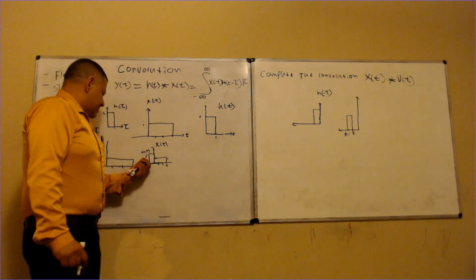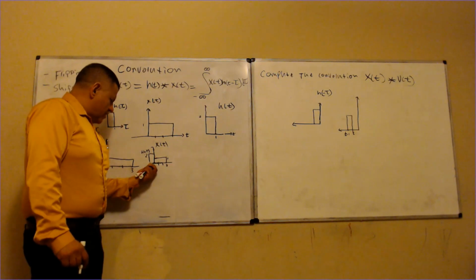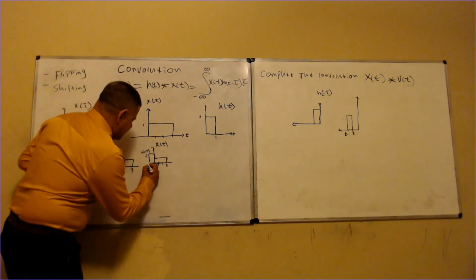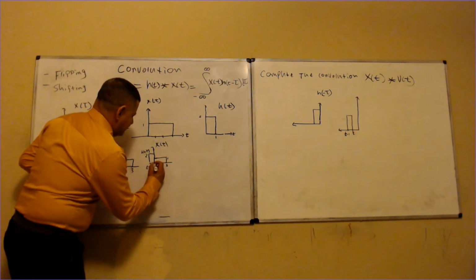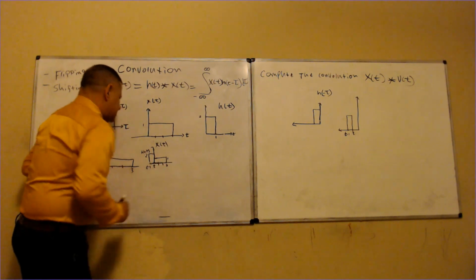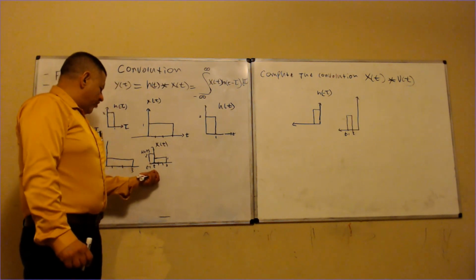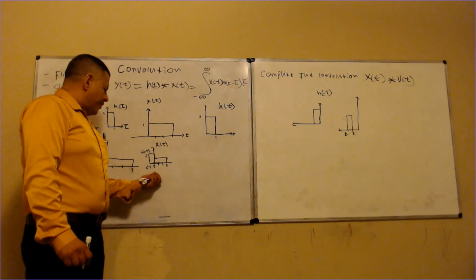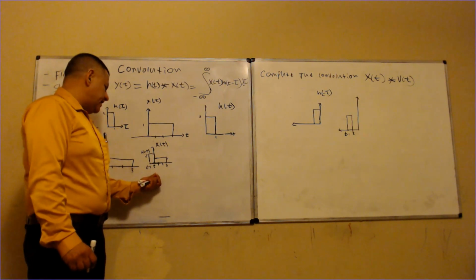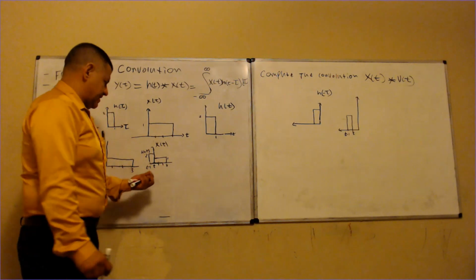Now, if I do one more, notice that this is t minus 1, and this is t. The function value at that point is still 0, because we don't have any overlapping yet.